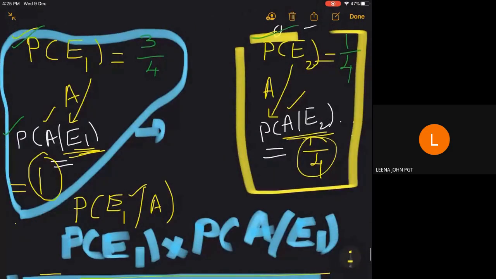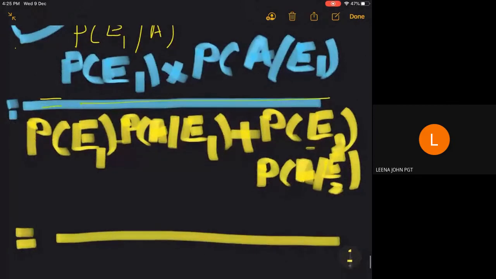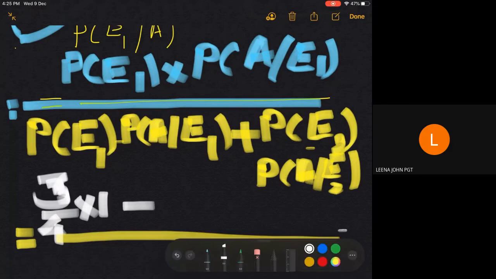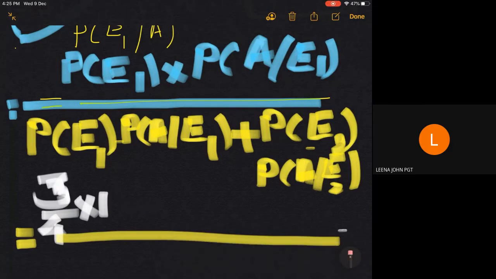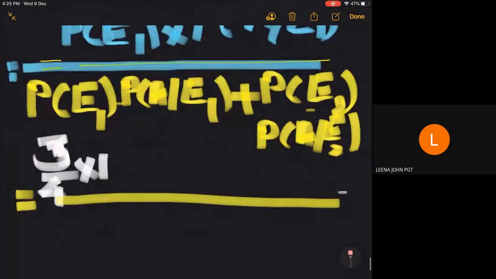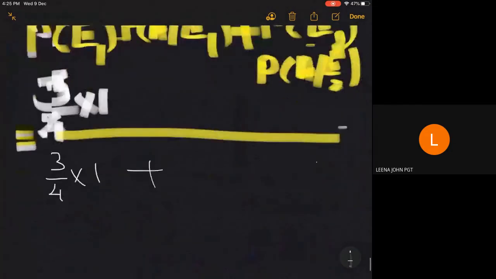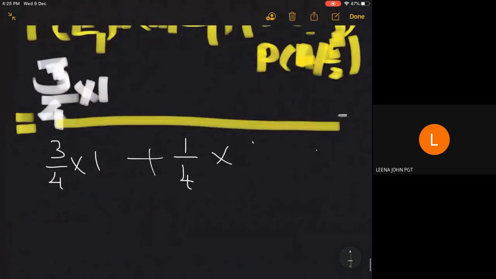So it is 3 by 4 into 1, divided by 3 by 4 into 1 plus 1 by 4 into 1 by 4.